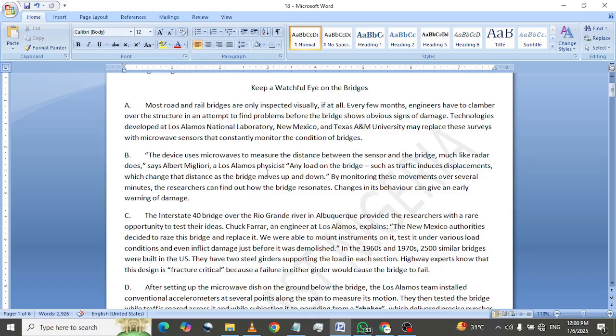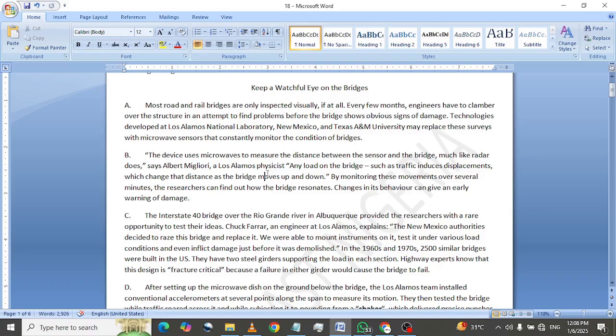Any load on the bridge, such as traffic, induces displacement, which changes the distance as the bridge moves up and down. By monitoring this movement over 30 minutes, the researchers found out how the bridge resonates.